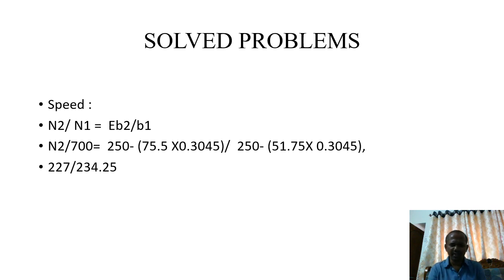So N2 by 700 is equivalent to (250 minus 75.5 into 0.3045) divided by (250 minus 51.75 into 0.3045). So therefore N2 is equivalent to 227 by 234.25.